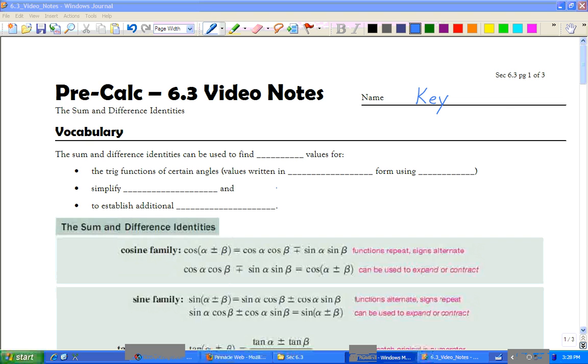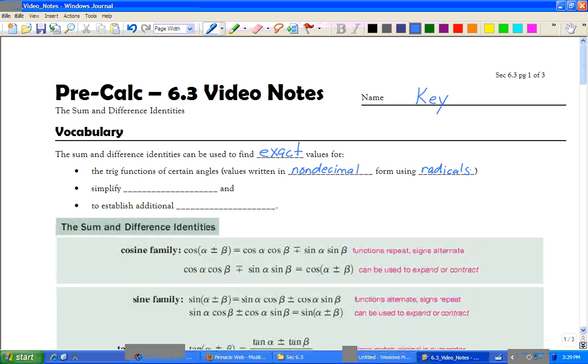Okay, we're looking at section 6.3, sum and difference identities. The sum and difference identities can be used to find exact values of trig functions of certain angles. These values are written in non-decimal form using radicals.